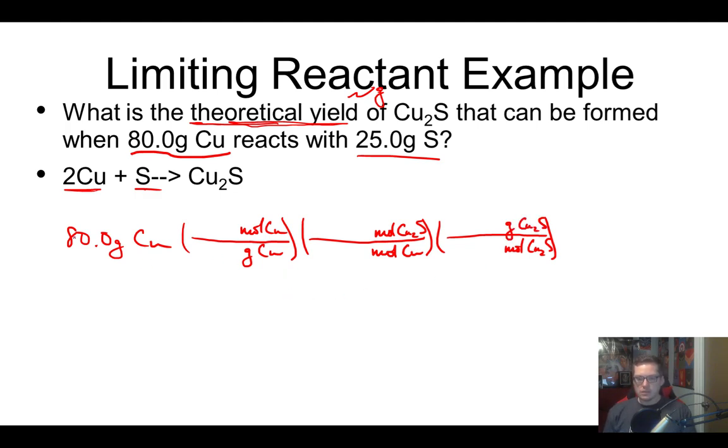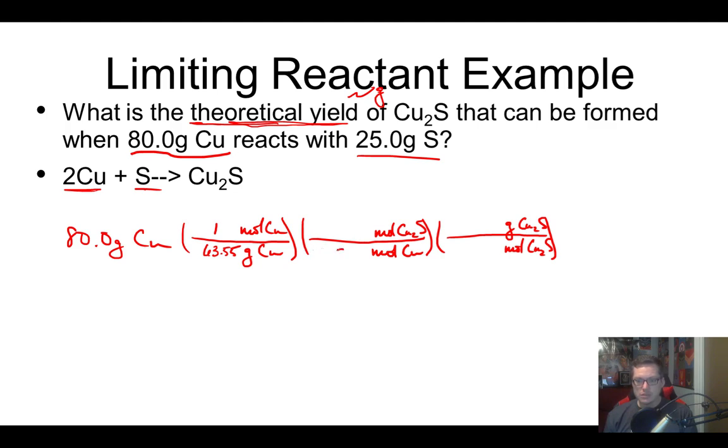So now we're going to fill in our numbers. For 1 mole, copper weighs 63.55 grams. Now we're going to use our mole ratios.